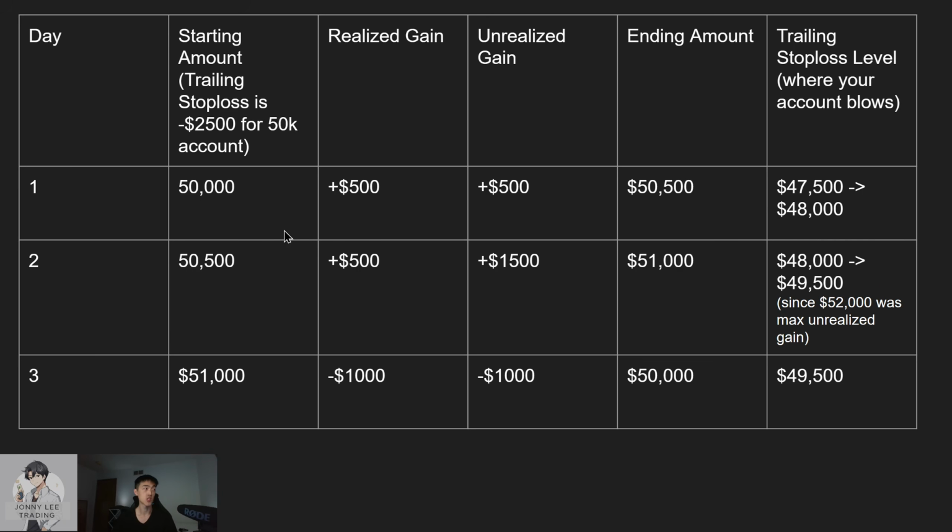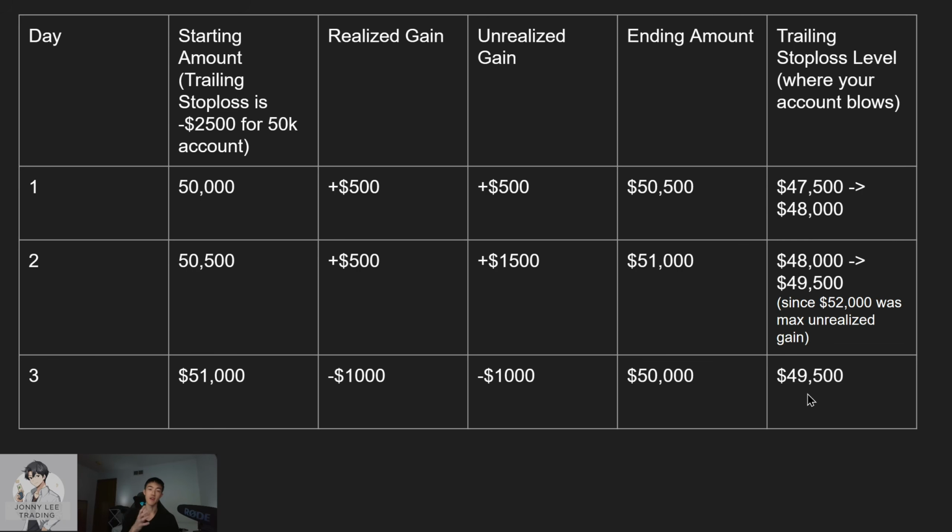Since your account technically reached a value of $52,000 at some point. And so you can see in your next trade, let's say you lost $1,000. You're now back down to $50,000, and your trailing stop loss is at $49,500.